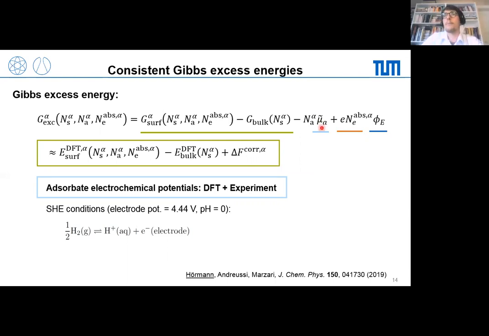And then lastly, how to express the electrochemical potential on the absolute scale, for example, of a proton. Here we also rely on the standard approach: we use DFT values plus experimental values. You can derive the electrochemical potential of the proton on the absolute scale from the equilibrium at SHE conditions, and so you can relate the electrochemical potential of the proton to the hydrogen gas chemical potential.